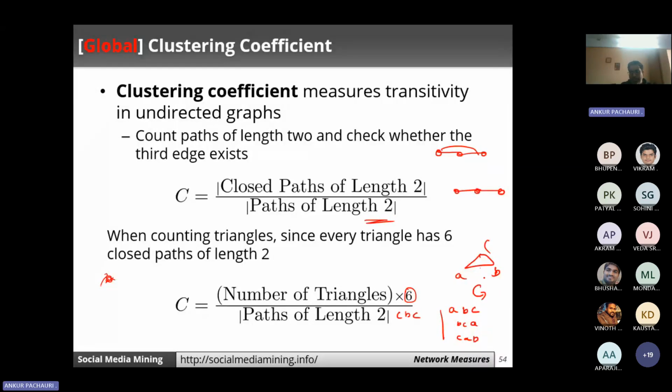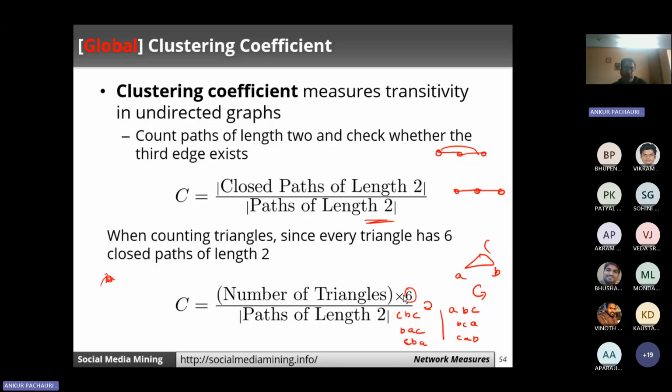Earlier the orientation was this, now the orientation is this, and they all are different. So that's why, if the orientation doesn't matter, the multiplying factor can be 6.